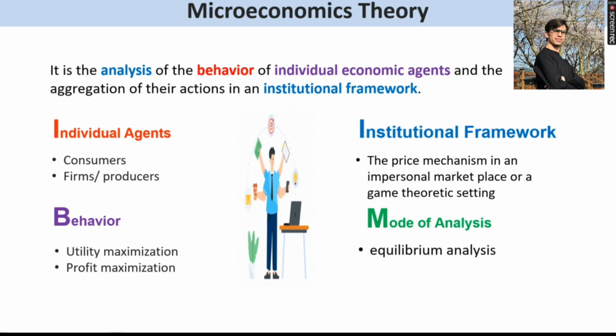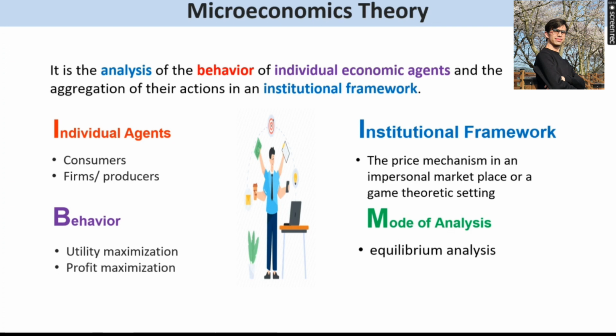So, microeconomics theory is the analysis of the behavior of individual economic agents and the aggregation of their actions in an institutional framework. So there are four key concepts or key terms in this definition of microeconomics: analysis, behavior, individual economic agent, and institutional framework.